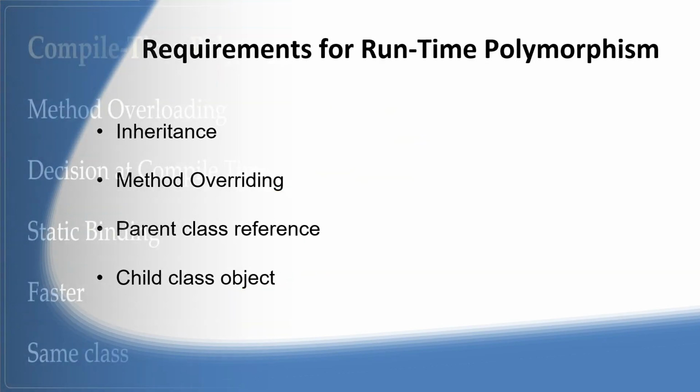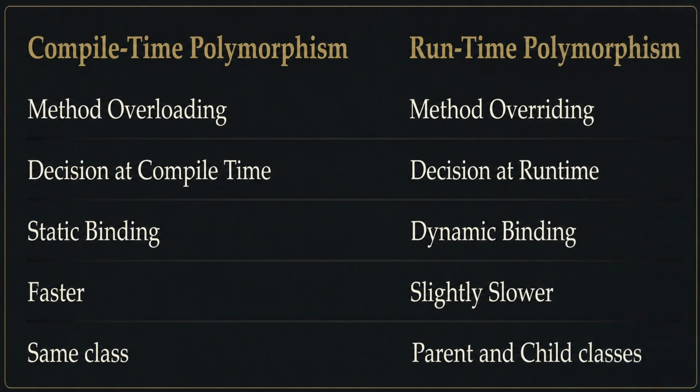Now let's move on and see the difference between compile time polymorphism and runtime polymorphism. Here they have written method overloading. So we achieve compile time polymorphism using method overloading. How does method binding happen, meaning linking the method call to the method definition?